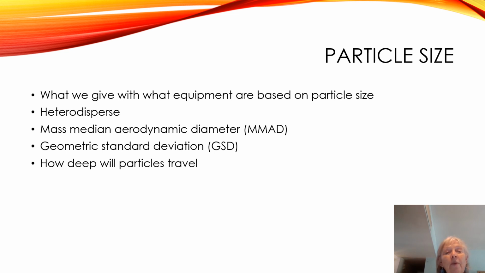We also know, based on the particle size, how deep it is going to travel. If you're trying to get a medication to the lower airways, the average size, again, is 6 microns. We know that 50% of the microns are greater than 6, 50% of the microns are less than 6. Even though the distribution looks fairly decent, it could be that those particles are still too big. Say the particles range between 3 and 9 microns.